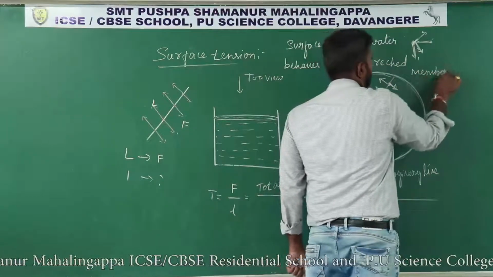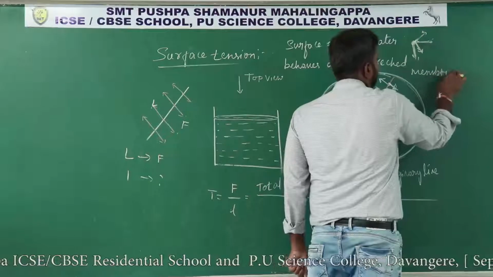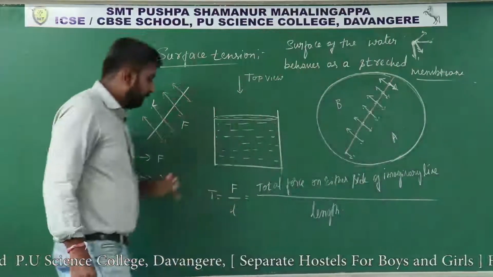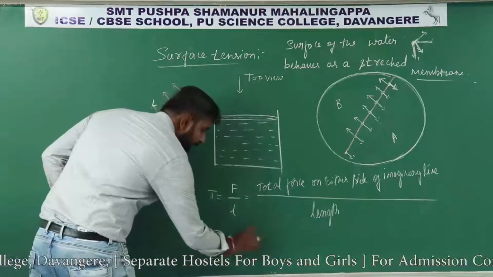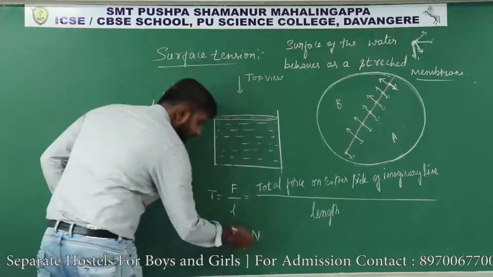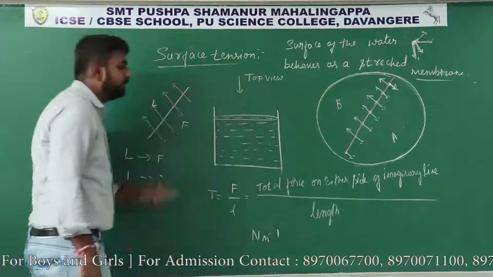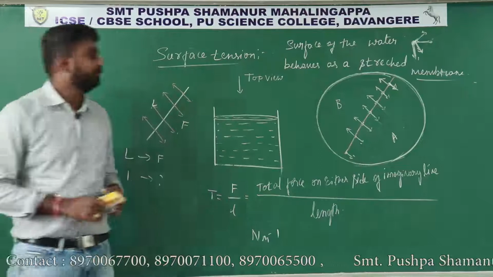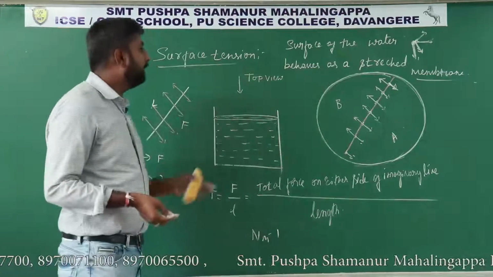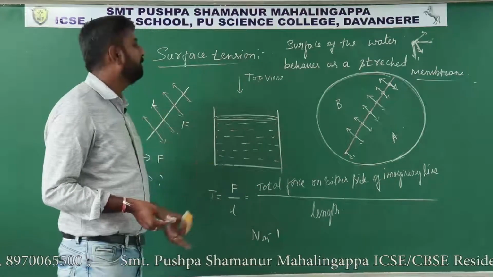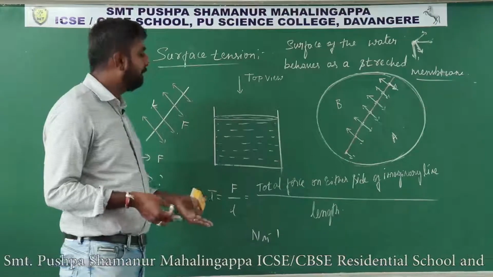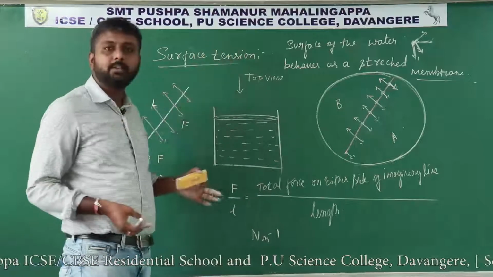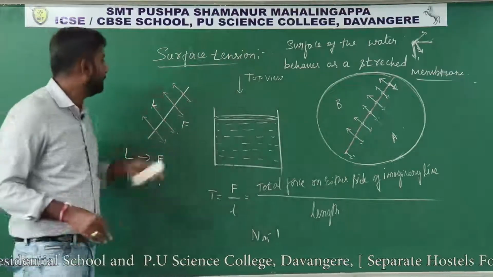And the SI unit of surface tension is force per length, Newton per meter. This is the SI unit of surface tension. Like this we will define it, and I will explain the surface tension concept with more clarity using some examples.